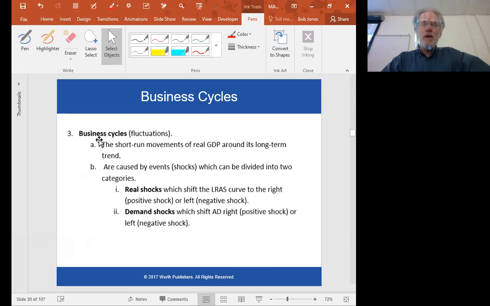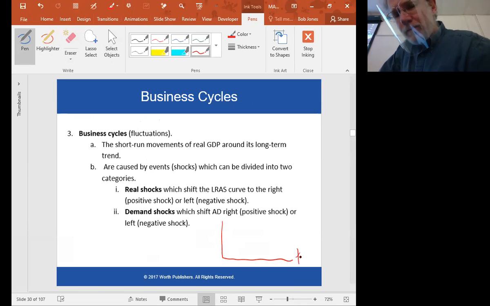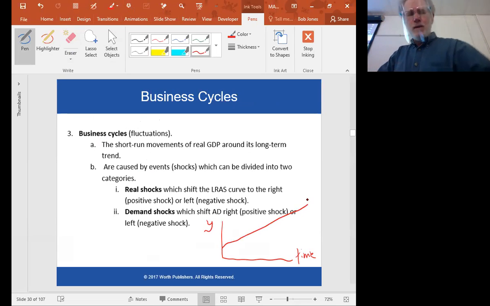Okay, we talked about business cycles before. It just means business fluctuations around the long run trend. Remember, if you put time on this axis and real GDP on this axis, the long run trend is upward, about 3% per year.